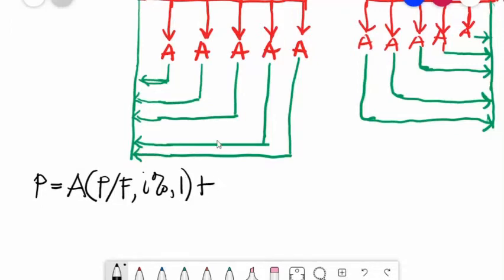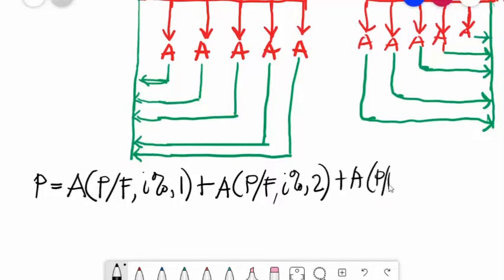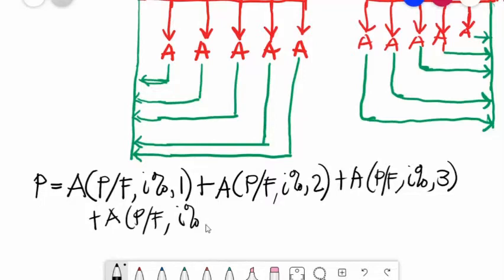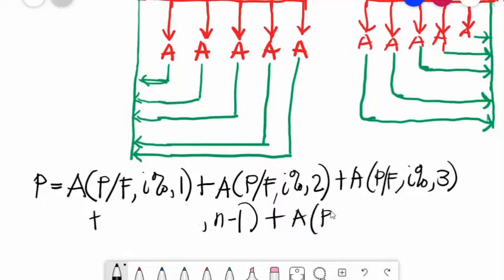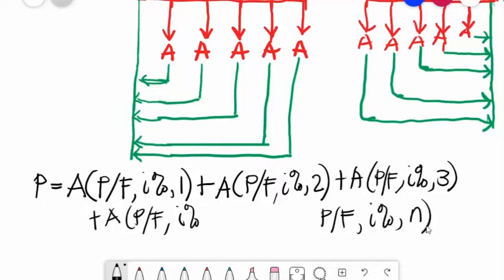Plus, second, A, P/F, I% 2, plus A, P/F, I% 3, plus A, P/F, I% N-1, plus A P/F, I% N. So, ano yung equation ng P/F?